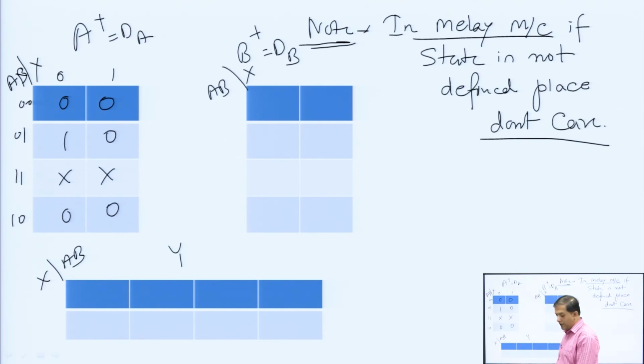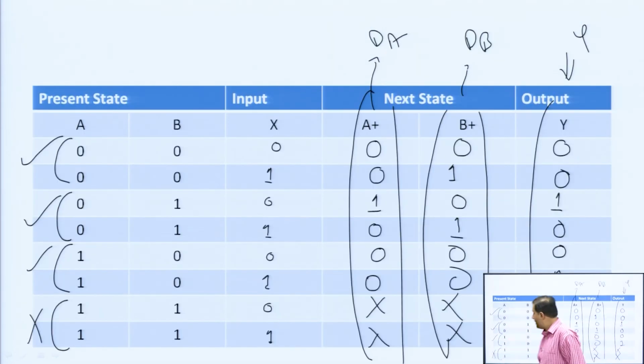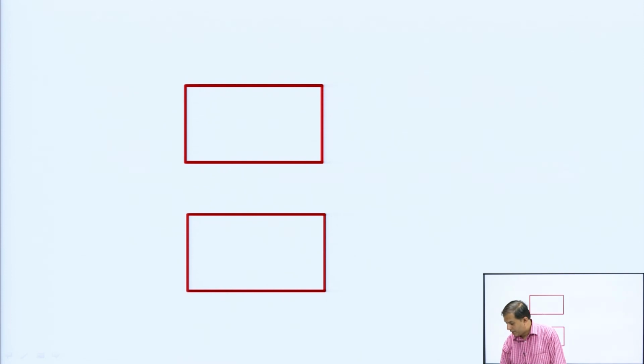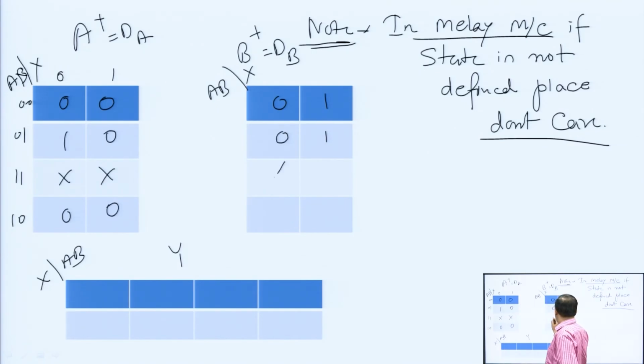Like that for B we will be having 0 1 0 1, 0 0 0 1, 0 1 0 0 cross cross 0 1 0 1. So, it will be written as cross cross and 0 0.